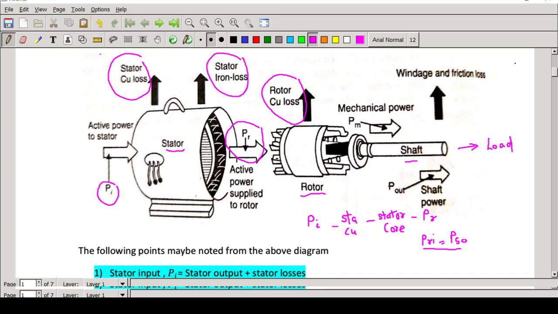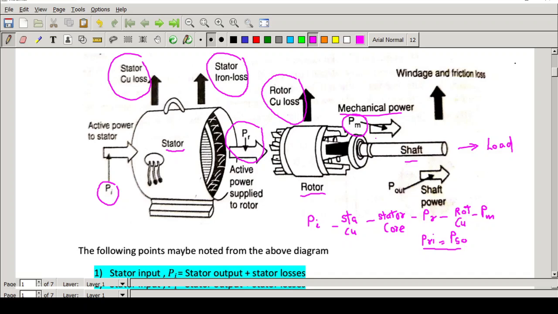So from the rotor input PR, we subtract the rotor copper loss, and after deducting this we get the gross mechanical power, that is PM. You can see here the mechanical power developed, PM.